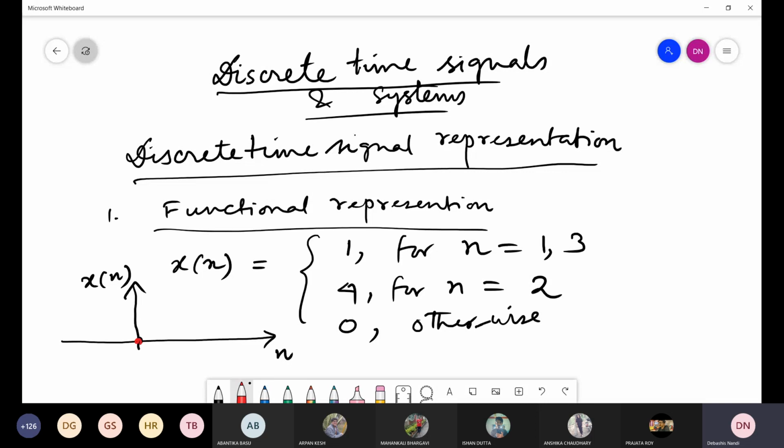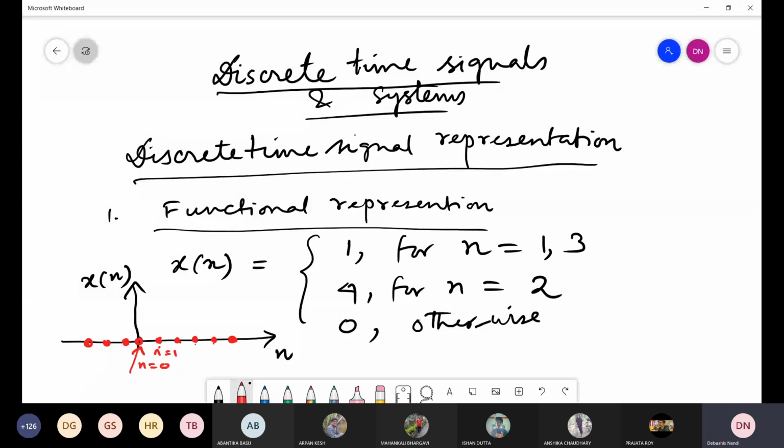I am just marking the points here by using red colored dots. Here is the origin, and here n is equal to 0. The next point is n equal to 1, then n equal to 2, n equal to 3, n equal to 4, and so on. On the left hand side, n equal to -1, n equal to -2, n equal to -3, and so on.